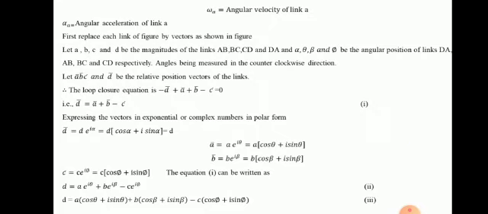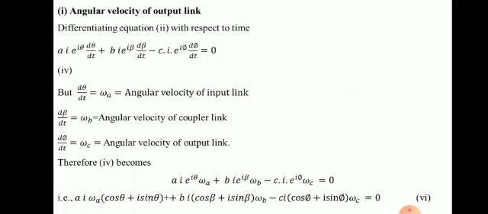Now, angular velocity of the output link. What are the questions asked in this problem? You have framed the different vectors, used the closed loop equation, and written the formulas.